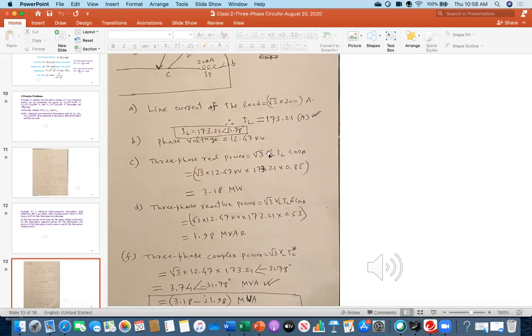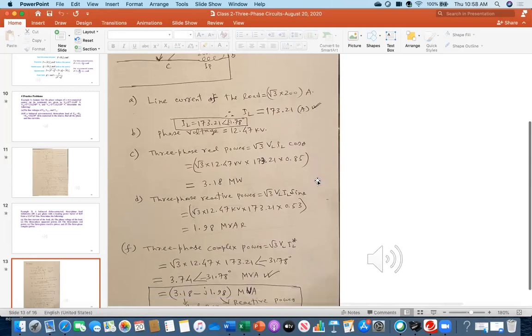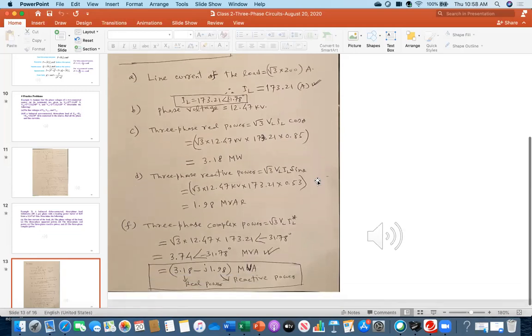Other values are the same, just change the current values. Okay, so let me redo it. I will be redoing this one and then I will be posting. Don't worry, you just make it correct. Take a note. Accordingly, this number will be changed. Just keep in mind.